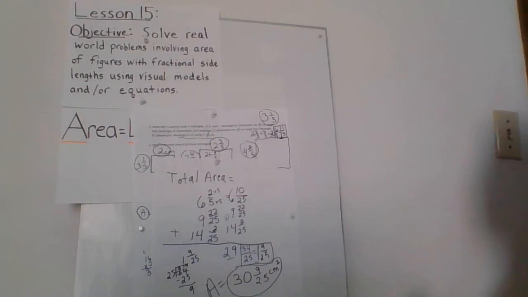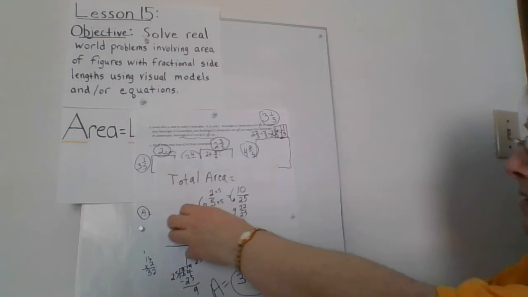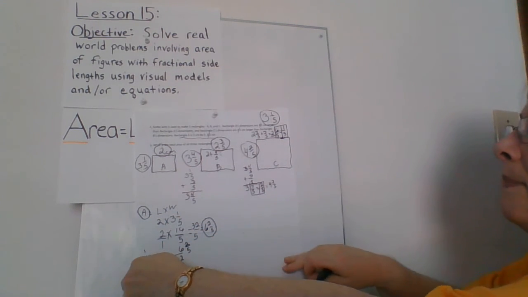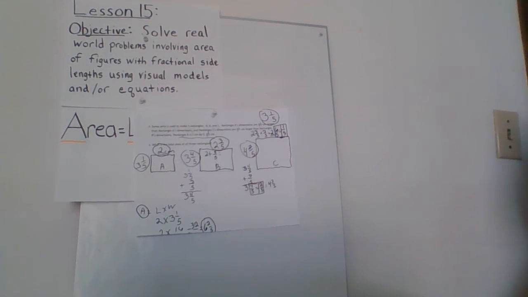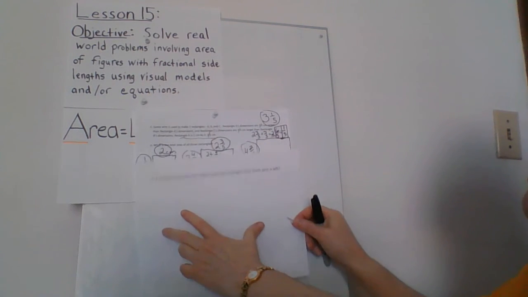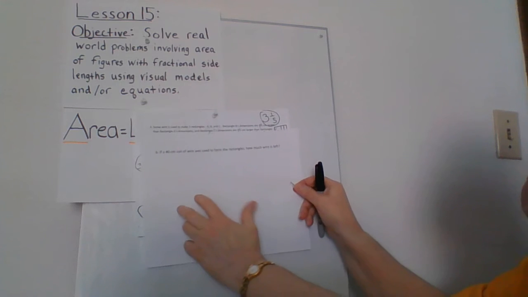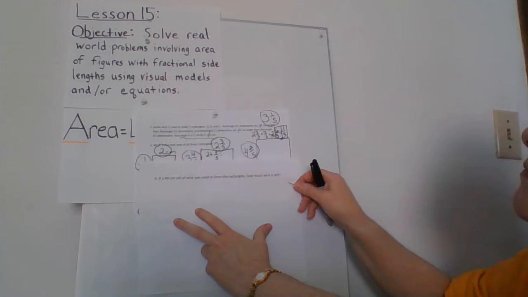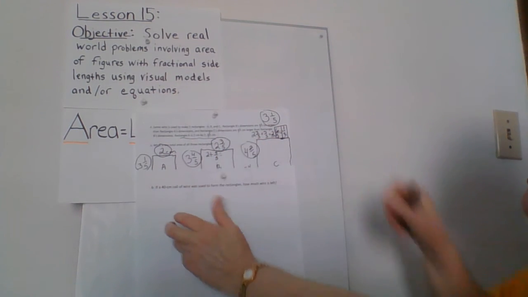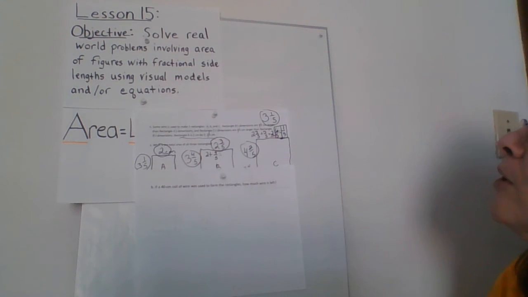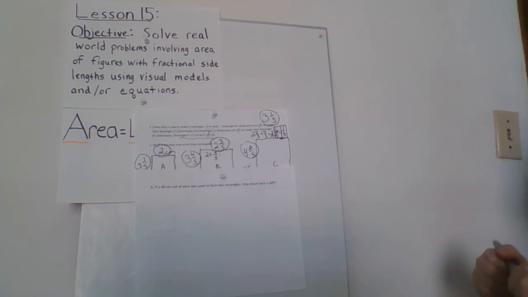Now we have to go on to part B. So let me take all of these down. So part B says, if a 40 centimeter coil of wire was used to form the rectangles, how much wire is left?